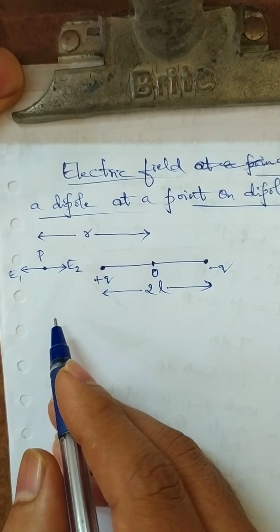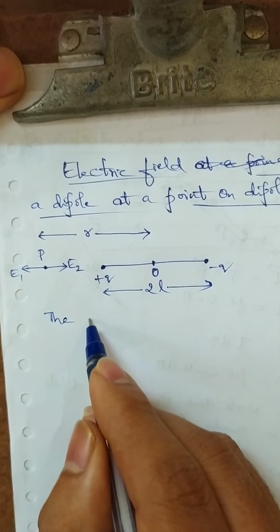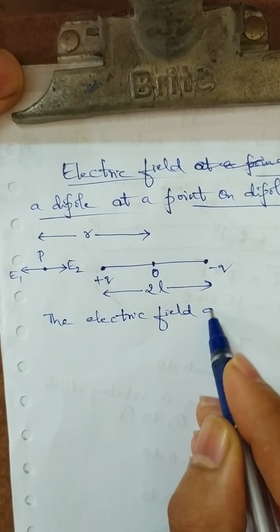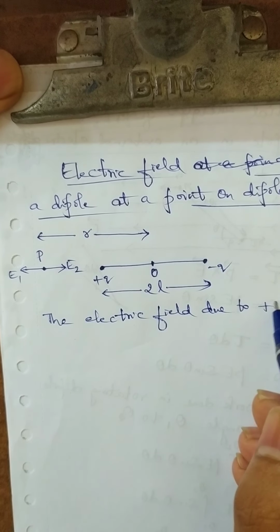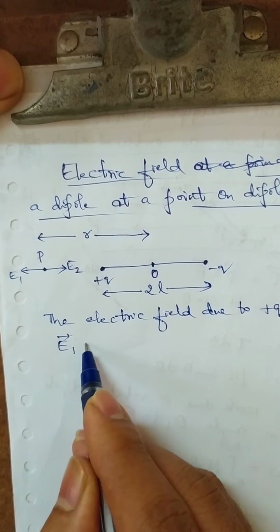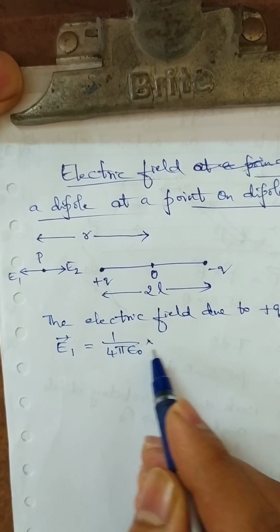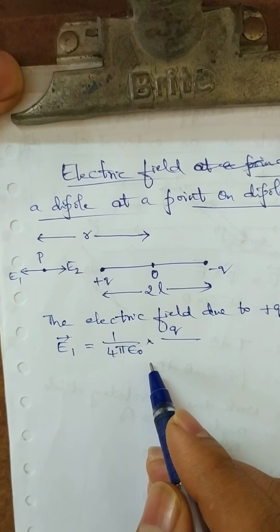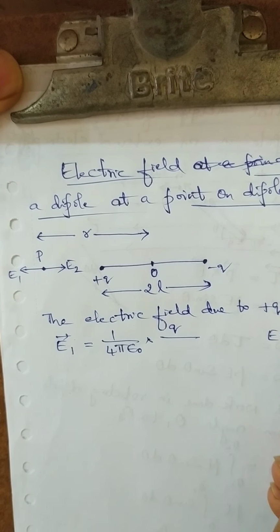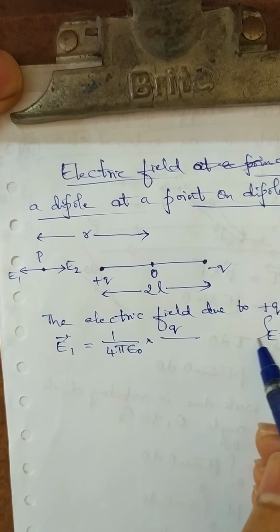First, I'll write the electric field due to the positive charge as E1. E1 is equal to 1 by 4 pi epsilon naught into Q divided by R square. This is the standard form of electric field.